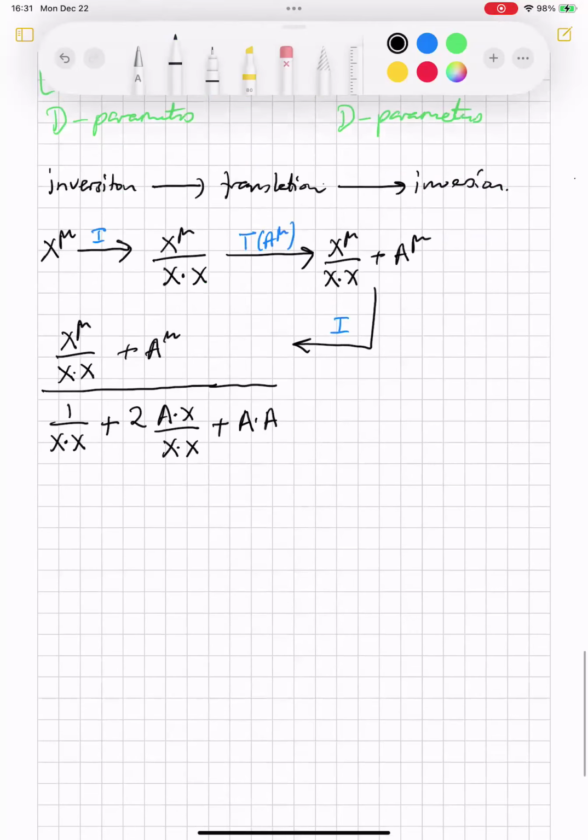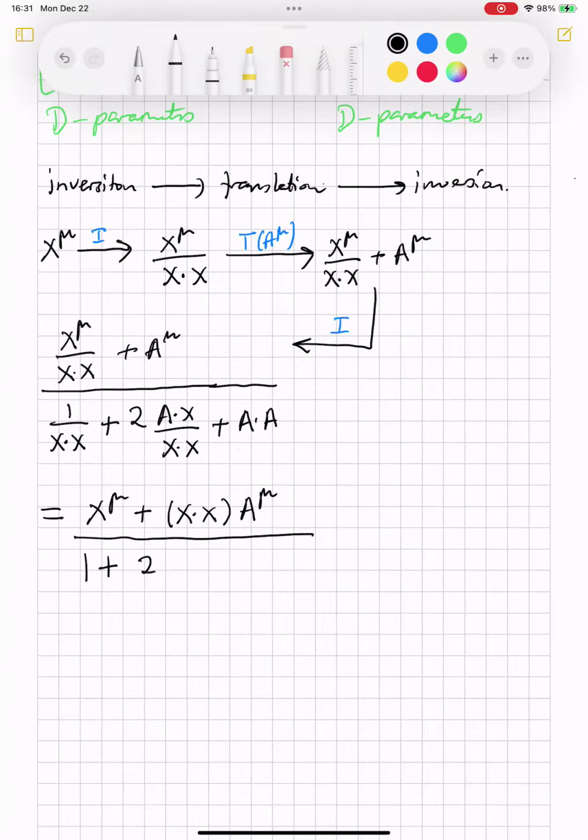Let's rewrite this a little bit. I'm going to multiply numerator and denominator by x dot x. So we'll get x mu plus x dot x times a mu, divided by 1 plus 2a dot x plus a dot a times x dot x.